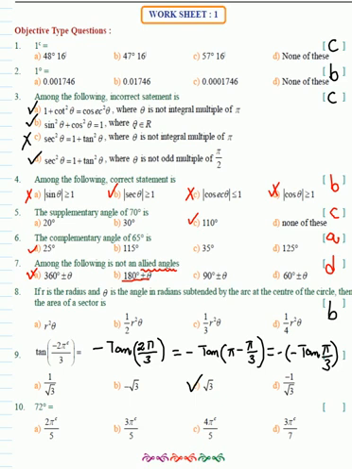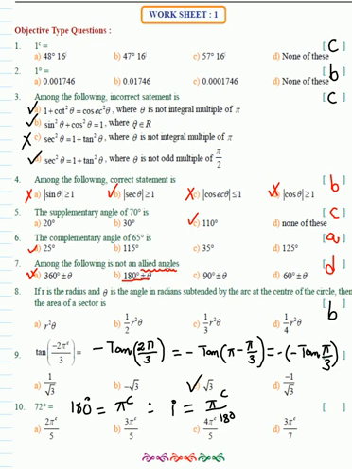Now, 72 degrees is how many radians? We know that 180 degrees is equal to pi radians. So 1 degree is equal to pi by 180 radians.